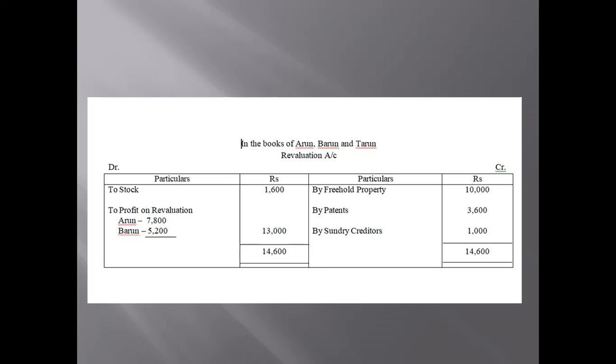This goodwill is important in all the chapters: admission, retirement, death, dissolution. These 4 chapters, goodwill is important. So until and unless in the question it is mentioned that goodwill is to be raised and written off, you will do nothing with goodwill.